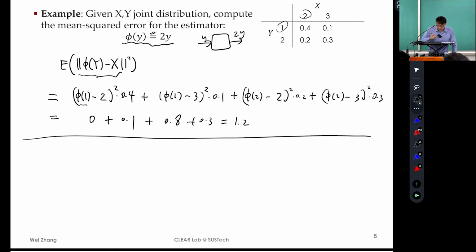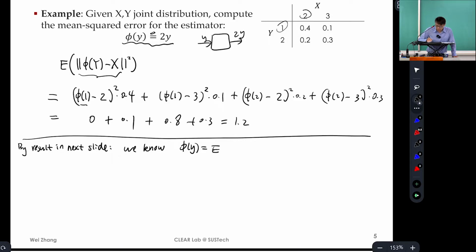By the result in the next slide, we know that the function of y, defined as the conditional expectation of X given Y equal to small y, is optimal, in the mean square sense.